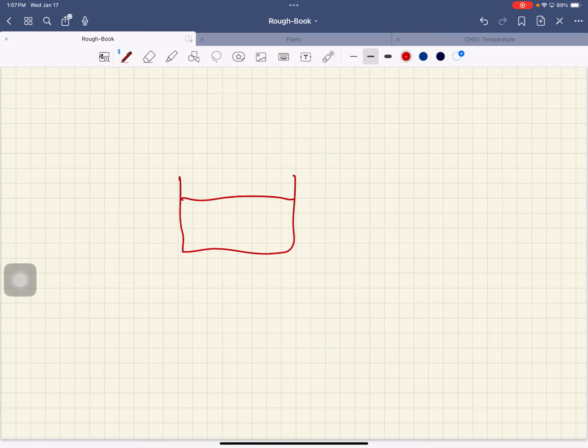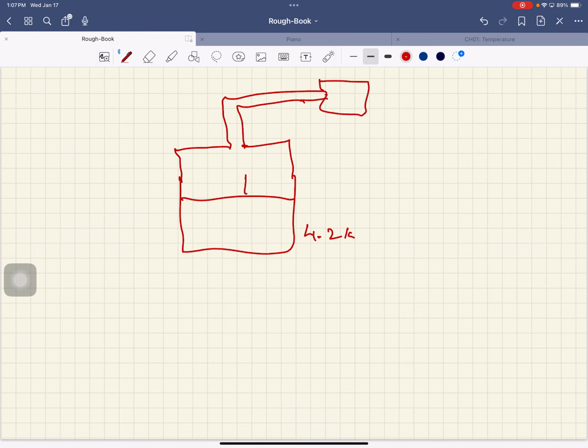So here's liquid helium at 4.2 degrees Kelvin. If you attach a vacuum to it and reduce the pressure, liquid helium will vaporize and the temperature will drop. So when something vaporizes, it cools.